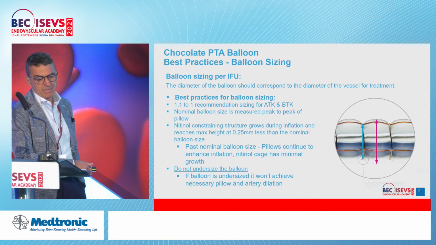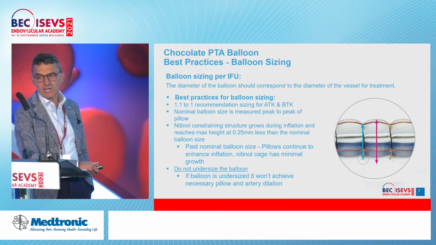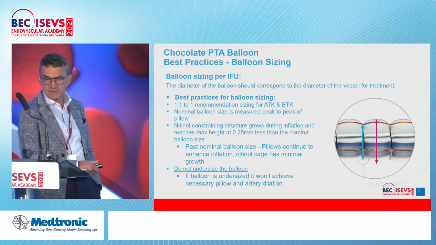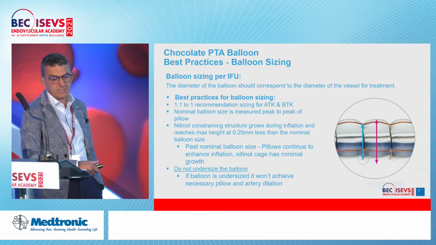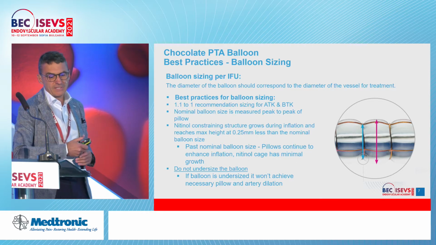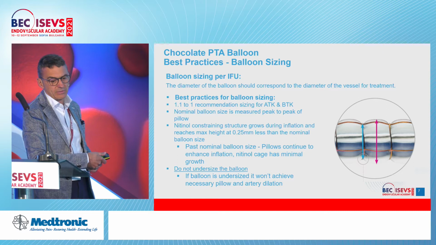Several words about the indication and how to inflate. We have to inflate using a one-to-one ratio in comparison to the reference diameter, not more. Oversizing is not a good idea, and one-to-one is a very good choice because even inflation of the balloon is absolutely enough to open the stenotic artery properly.